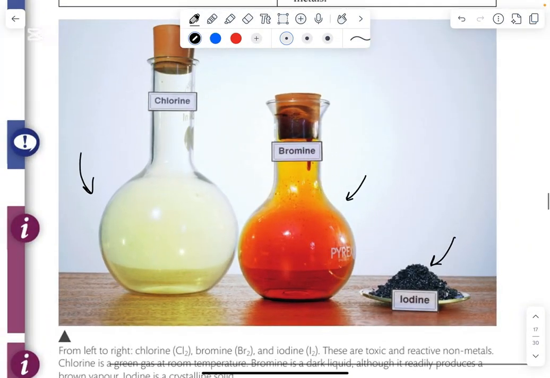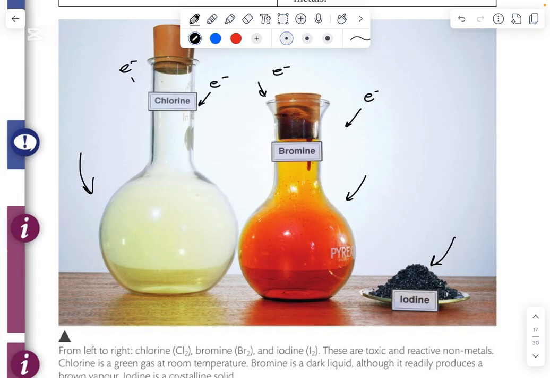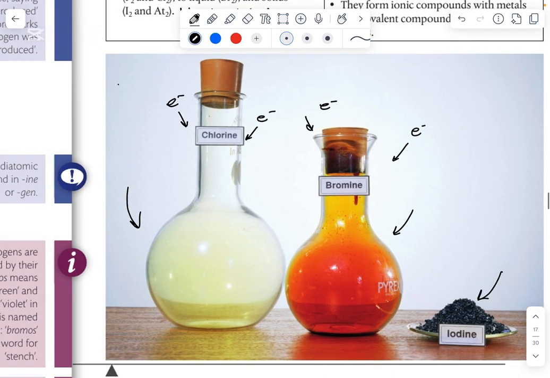So you can think of these elements as very selfish, and they want all the electrons around them for themselves, especially chlorine and especially fluorine because it's more electronegative. Okay. And especially for fluorine because of its high electronegativity.